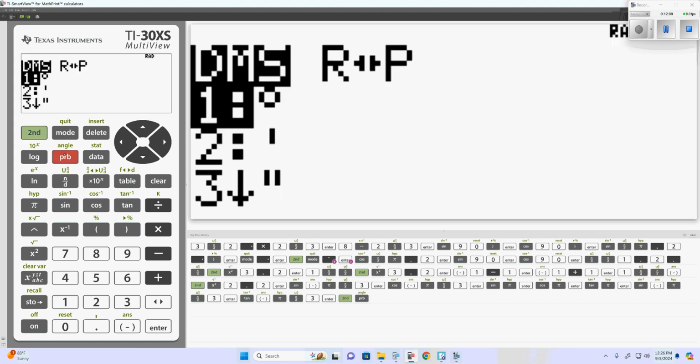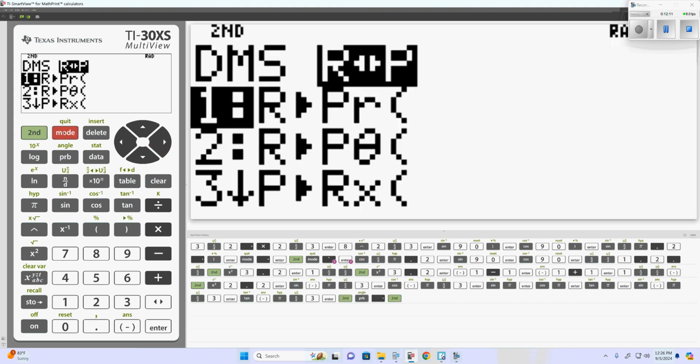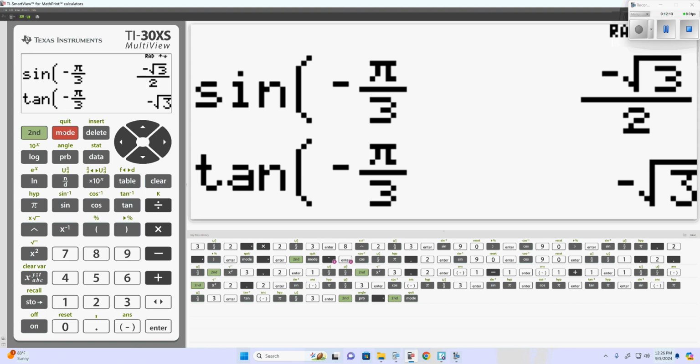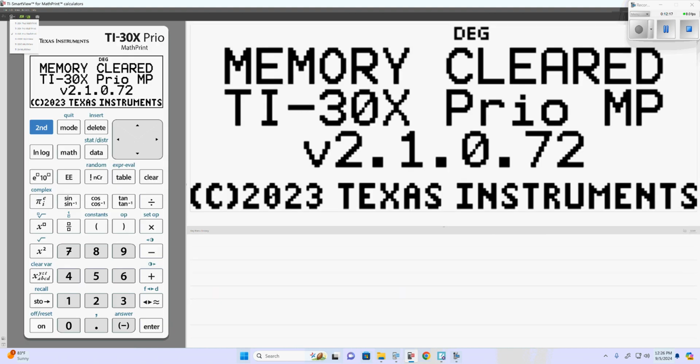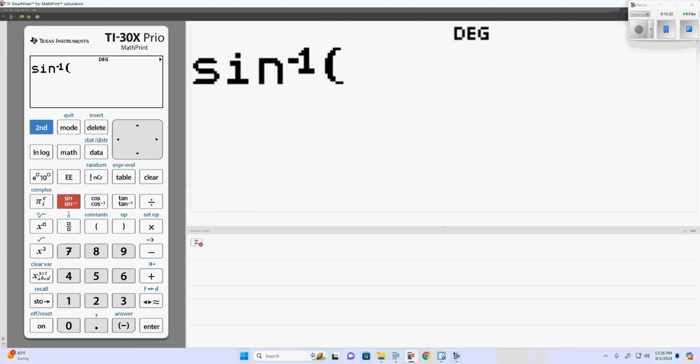So the 30x does not have it. Most do not have it on there.